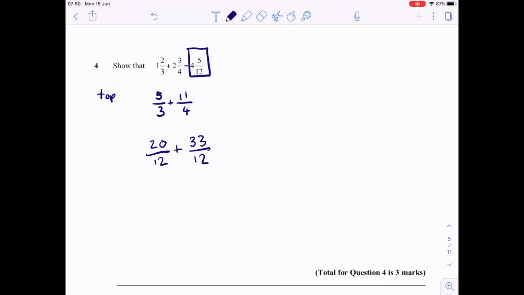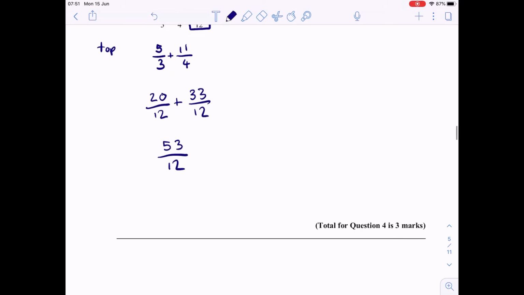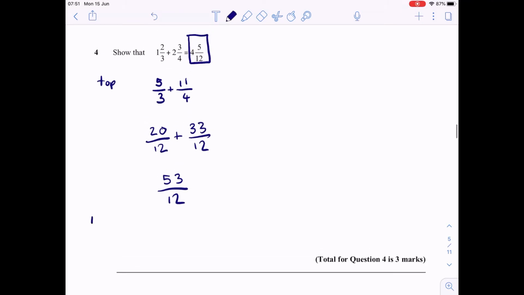So now they have the same denominator, I can add them all together. So remember, the denominator will stay the same, whereas the numerator will change. So 20 add 33 is going to be 53 over 12. And now if we think about this, we've got 12, 24, 36, 48, and then I've got a remainder of 5, haven't I, before I get to 53, if I use my 12 times table.